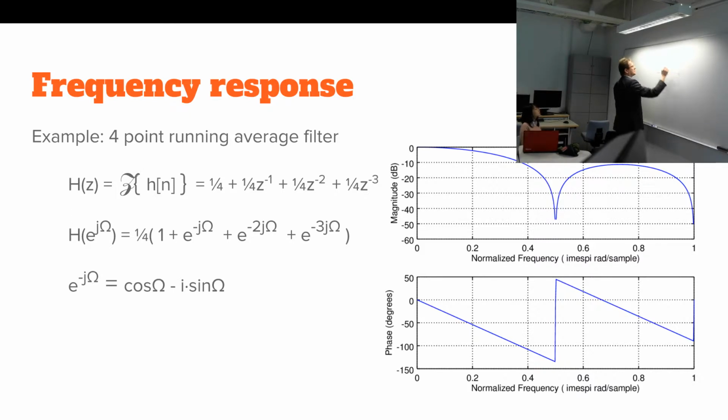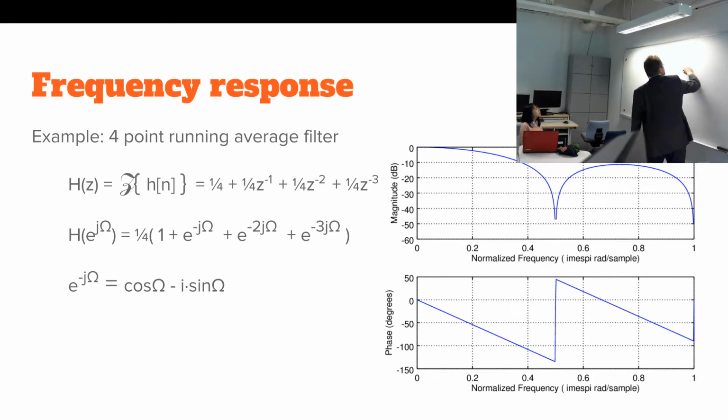It has zeros on those places and poles at the origin, and then for some reason we have on this frequency response, or actually no, amplitude response. Does it say magnitude response?